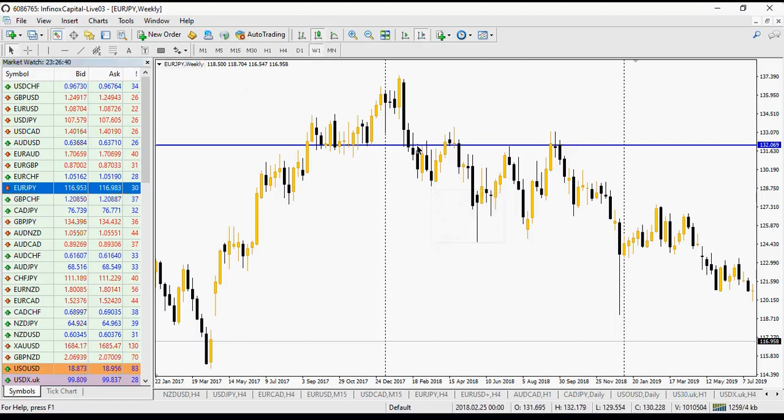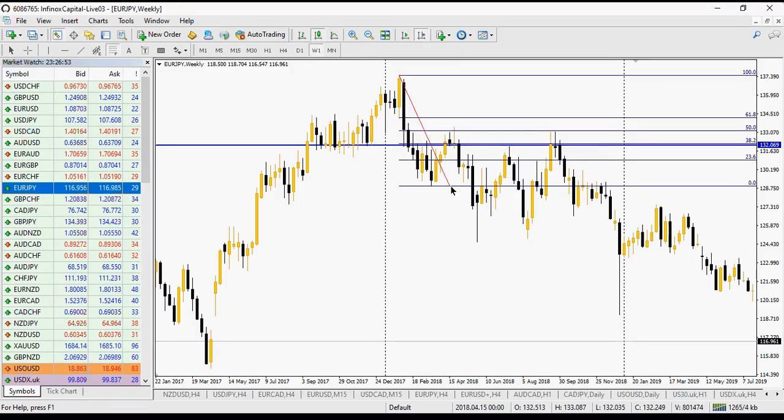When the market came back into this place, I can also use my Fibonacci to test if it is a contesting Fibonacci level. So I put my Fibonacci from top to bottom. I can see the market entered the golden zone. So what does that mean? It's a confirmation that I have a solid reversal.